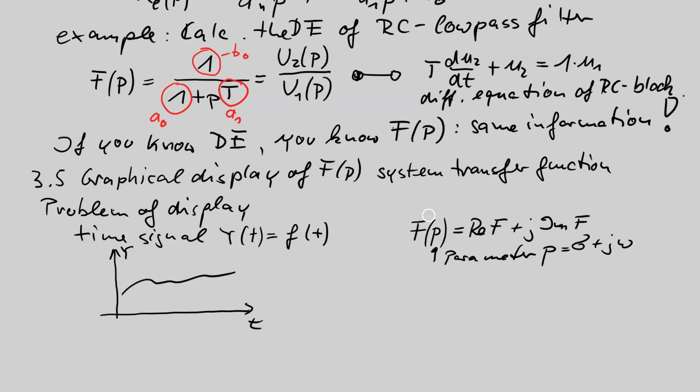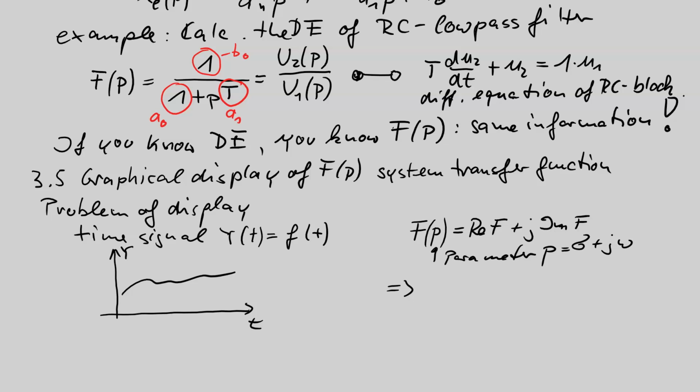So if we want to display this function, then we need two axes vertical to each other for the input parameters sigma and omega, and the results are two real values which are independent and can be drawn on two further axes which must be vertical to sigma and omega.